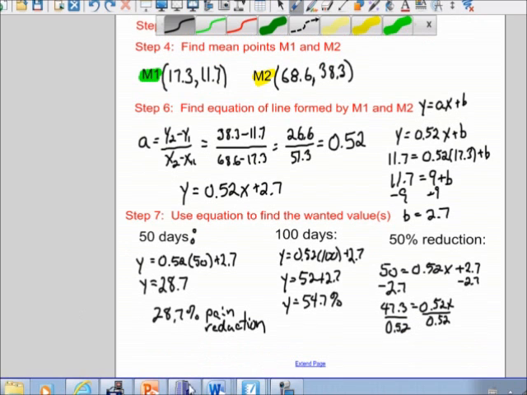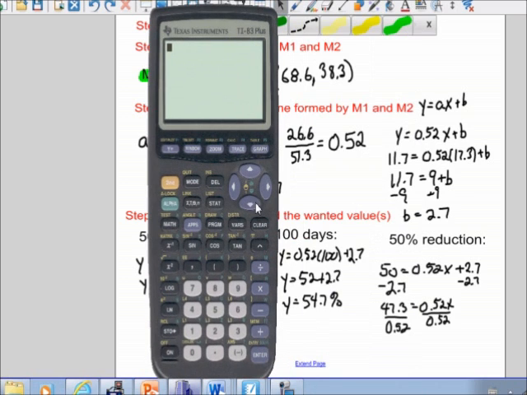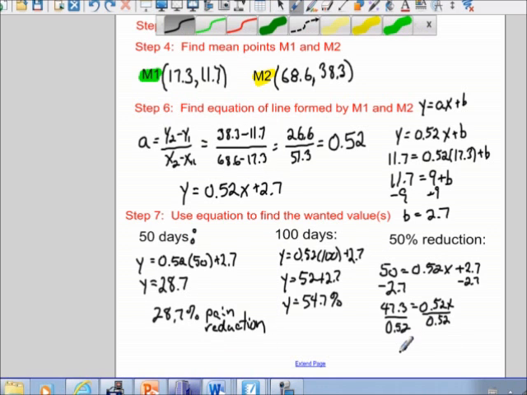So scroll down here a little bit so we can put in our answer. And bring up the calculator. 47.3 divided by 0.52 gives us 90.96. So we're going to be about x equals 91 days.